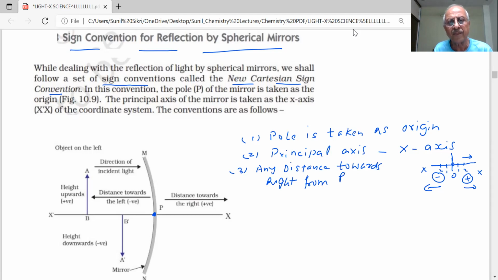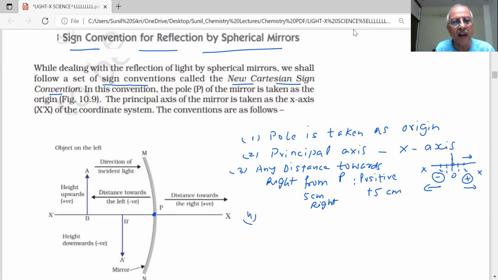The right side will have the positive sign. If a distance is 5, supposing, then I will write +5 if it is on the right side. If I say 5 centimeters right, then I will take +5 centimeters. Clear?